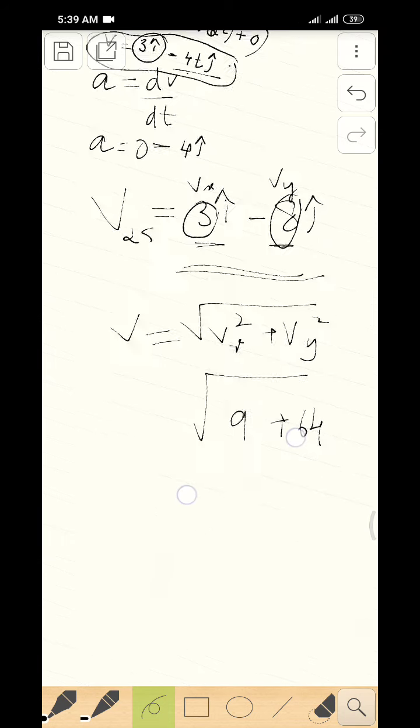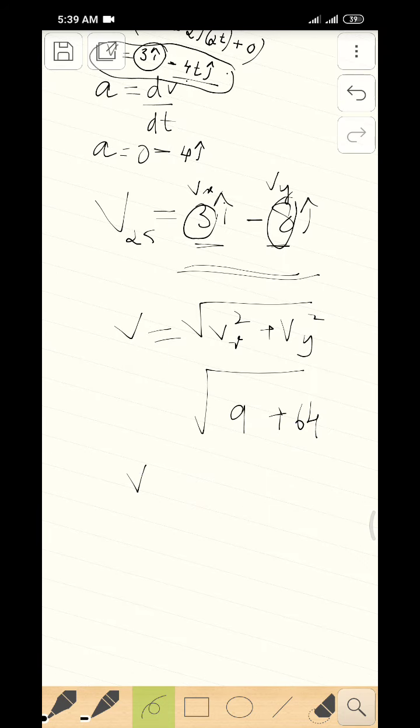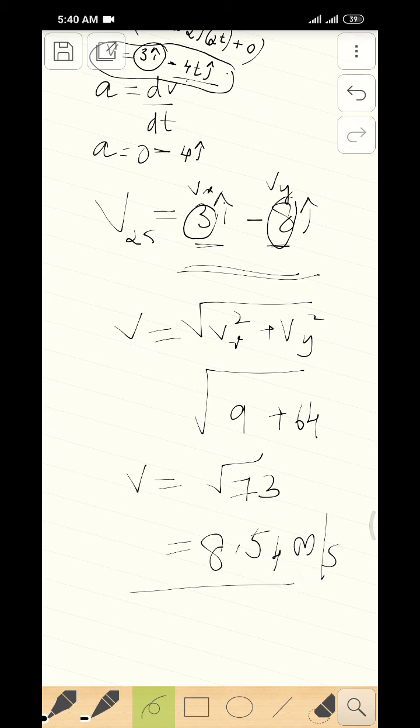So the magnitude of velocity at 2 seconds will be v equal to root of 73, which is equal to 8.54 meter per second. So this will be the magnitude of velocity at the time 2 seconds.